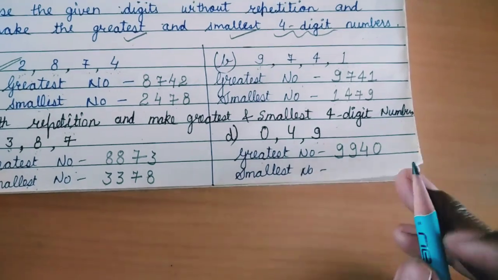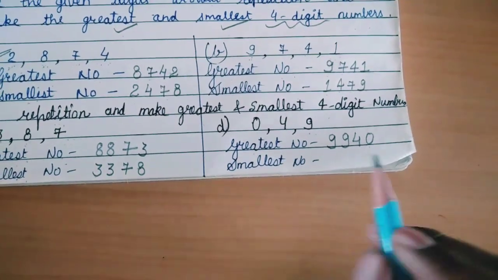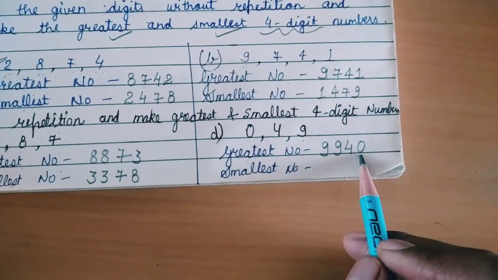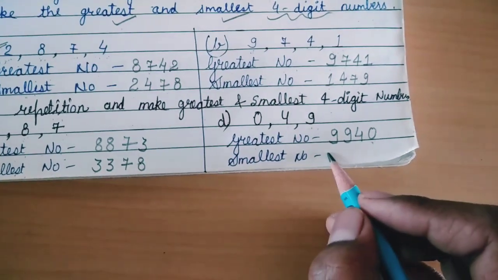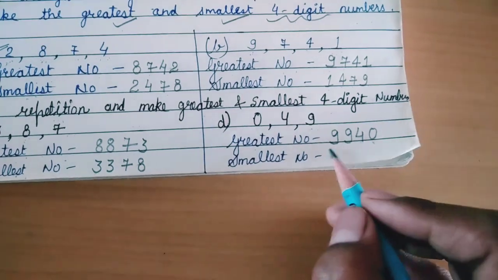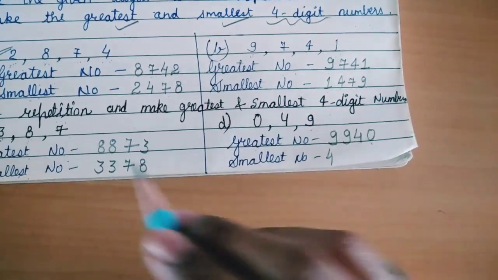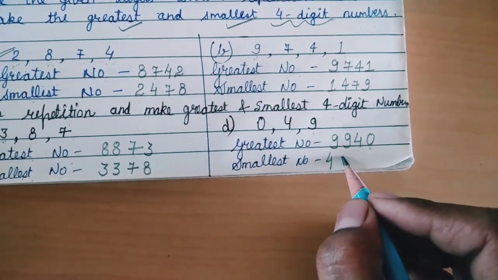Now here we have a problem. You can simply see for making the smallest one we need to repeat the smaller one 2 times. And the smaller one is 0. We can't take 0 at the beginning. That's why we are taking 4 in the beginning. And as in the previous one, we will use the smaller one 2 times.